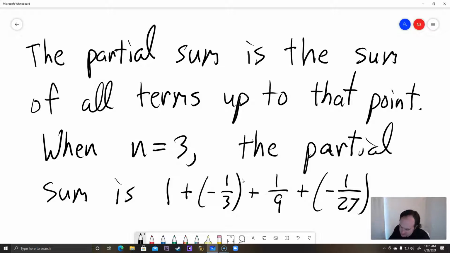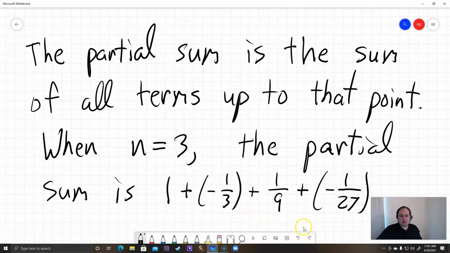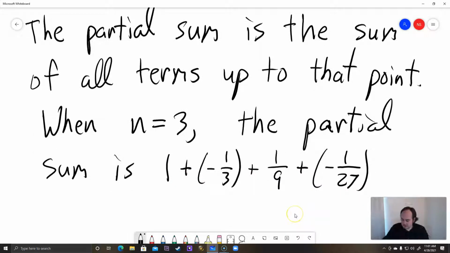The partial sum is what's written right there. And then each of those numbers in the partial sum, those are called the terms of the series. So each of these, the 1, the negative 1/3, the 1/9, the negative 1 over 27, those are called the terms.